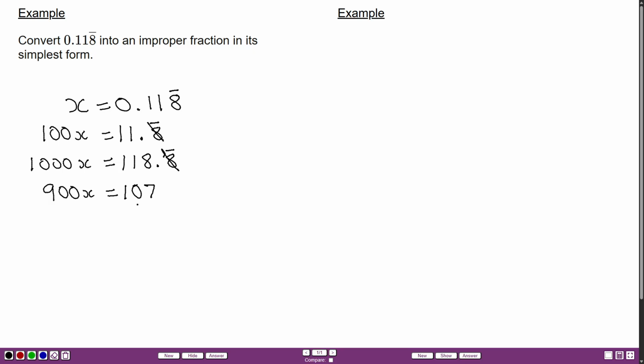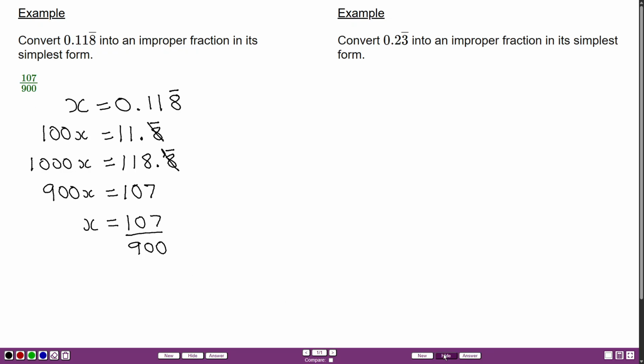And then finally we write that as a fraction, so I'm dividing through by 900. So I'm going to get x is equal to 107 over 900. And then check if that simplifies on your calculator, and I don't think this one does. Yeah, so we get our answer of 107 over 900.